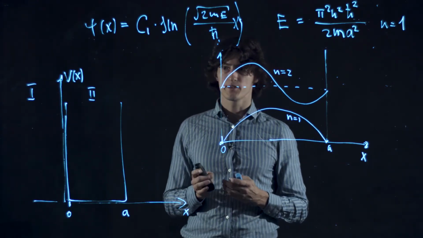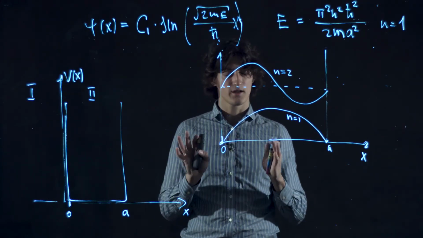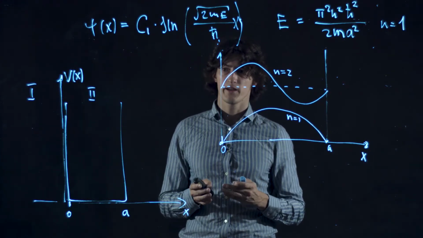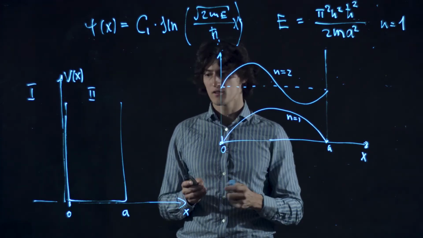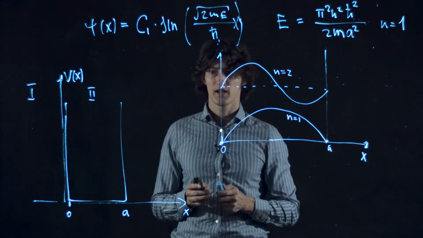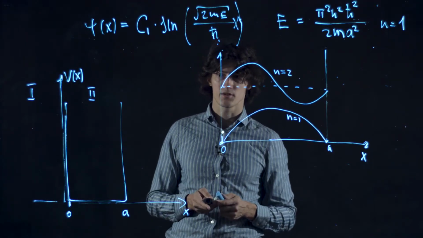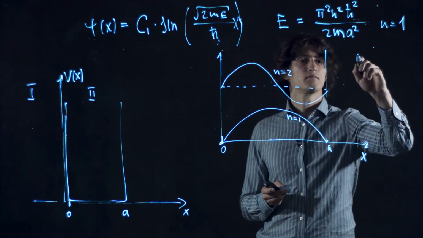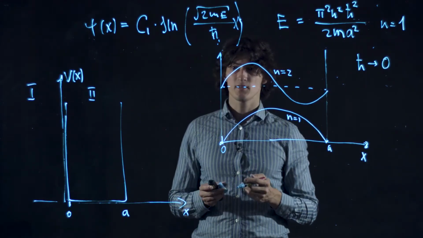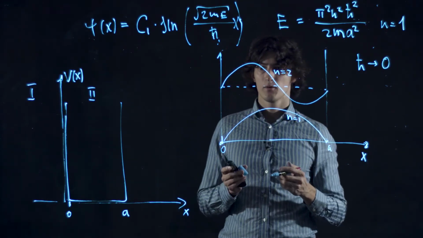Let's analyze our energy spectrum in detail. First of all, as we understand, in the case of classical mechanics, there are no discrete states, and the particle can have any energy while oscillating between the walls. The classical limit in quantum mechanics is realized by taking the limit of zero Planck constant. In our case, it leads to zero energy difference between adjacent energy levels.